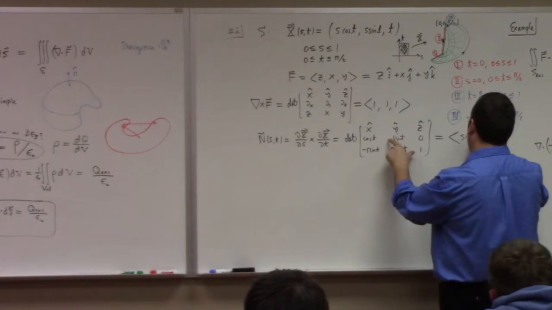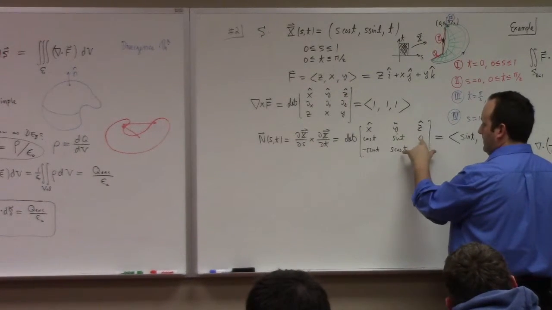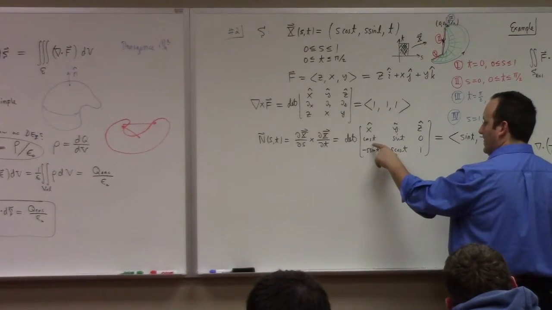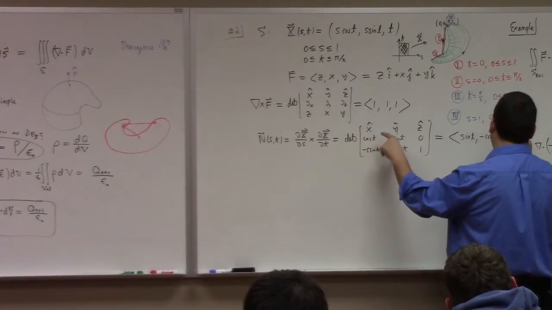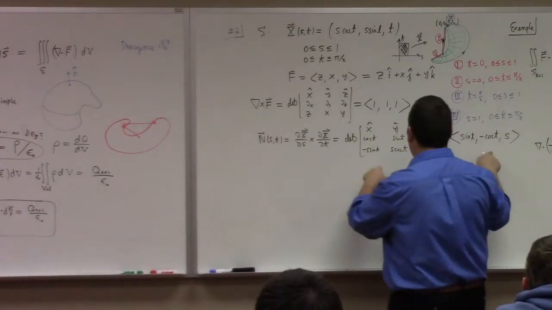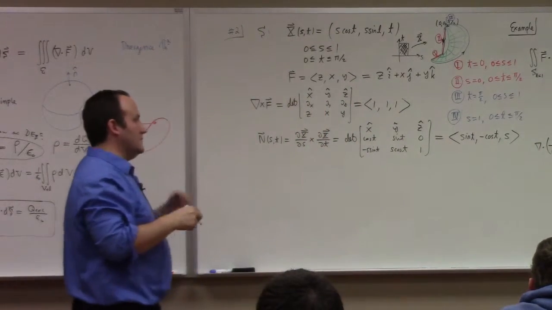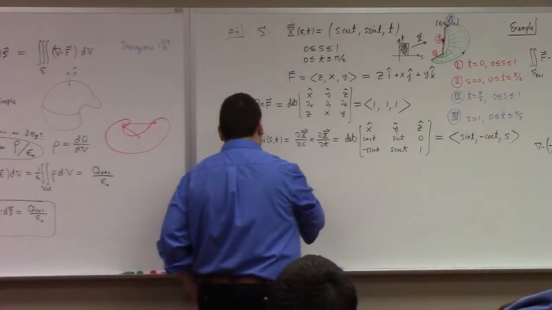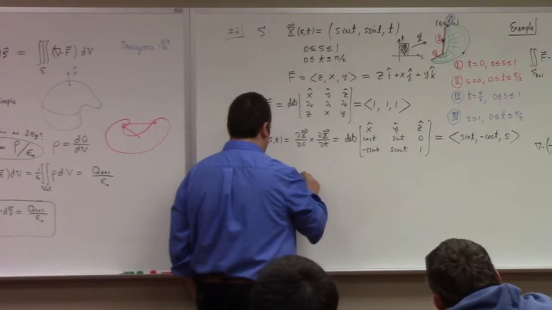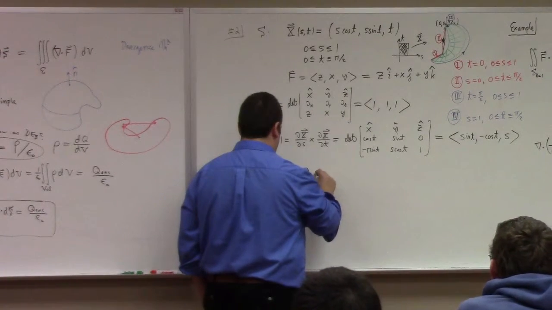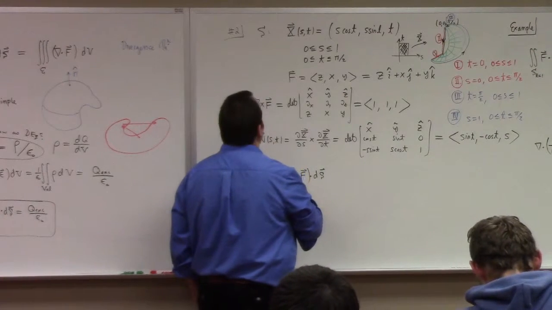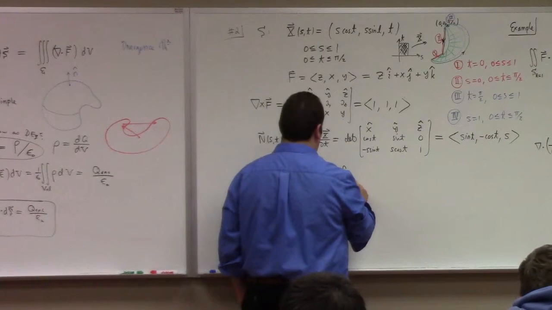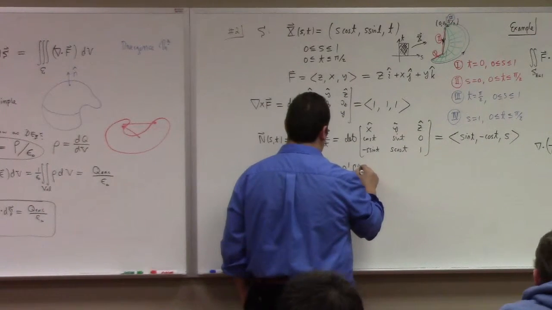Looks like we got sine t, minus cosine t, s. Is this perpendicular to both of these? It's a quick check. Yes. And then to calculate the flux of the curl directly, we have to integrate from 0 to 1, and integrate from 0 to pi over 2.